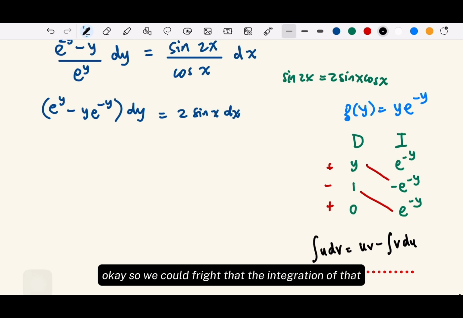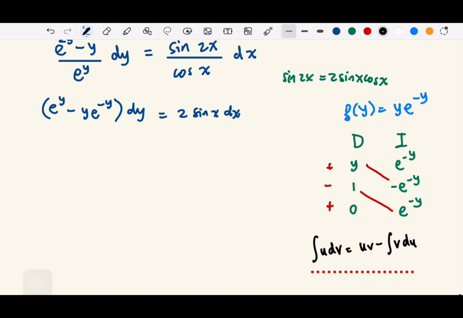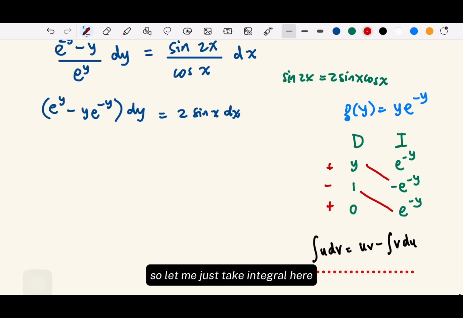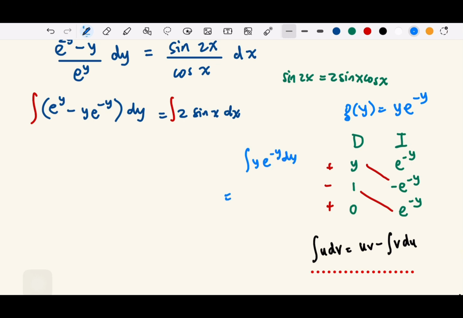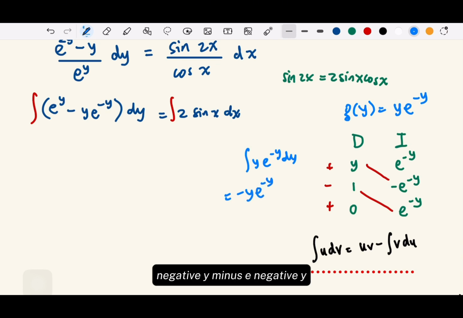Okay, so we could write that the integration of that. So let me just take integral here. And integration of y e negative y dy is negative y e negative y minus e negative y.